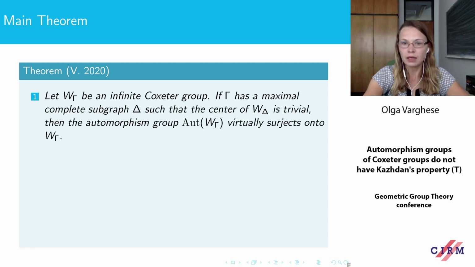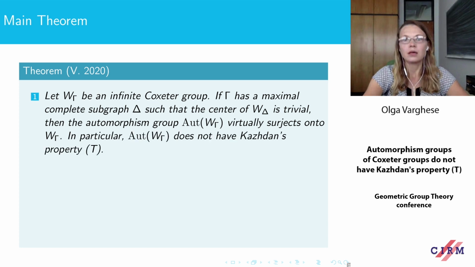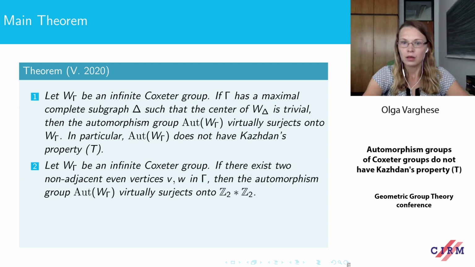And in that case, the automorphism group does not have property T. Okay, the second result is as follows. Let W gamma be an infinite Coxeter group. If there exist two non-adjacent even vertices v, w in gamma, then the automorphism group virtually surjects onto a free product of Z/2s.